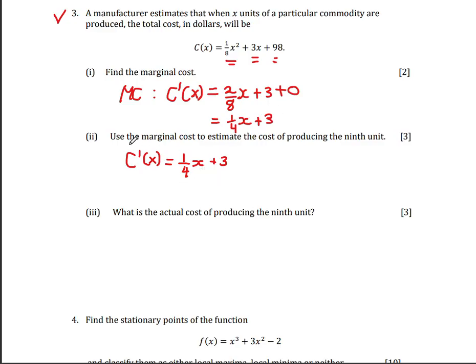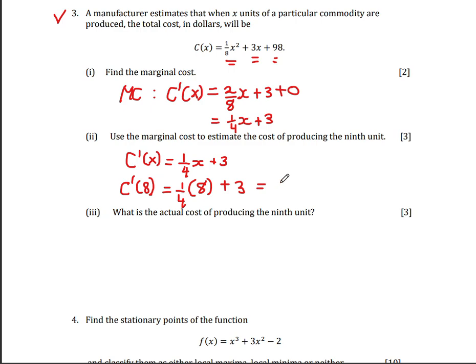That's the marginal cost. So the marginal cost associated with producing the 9th unit would be found by taking C prime of 8, because we're moving from the 8th unit to the 9th unit. So this will be 1 over 4 multiplied by 8 plus 3.